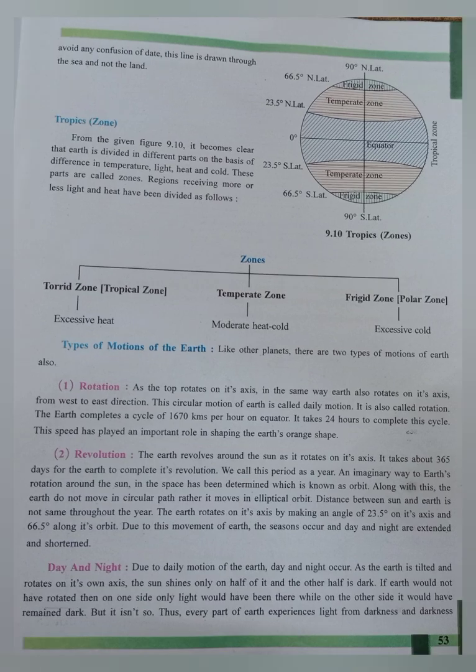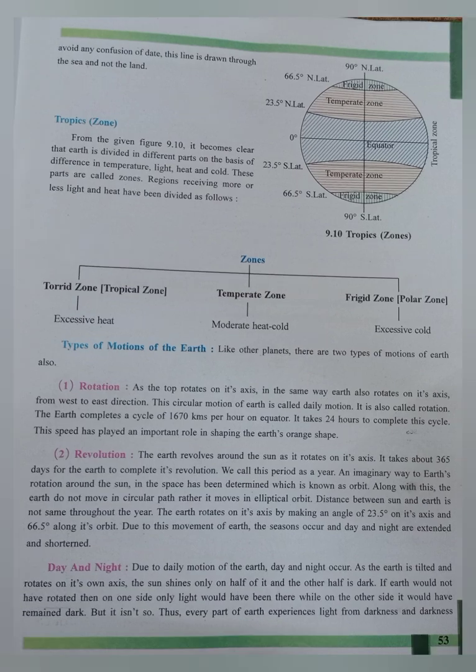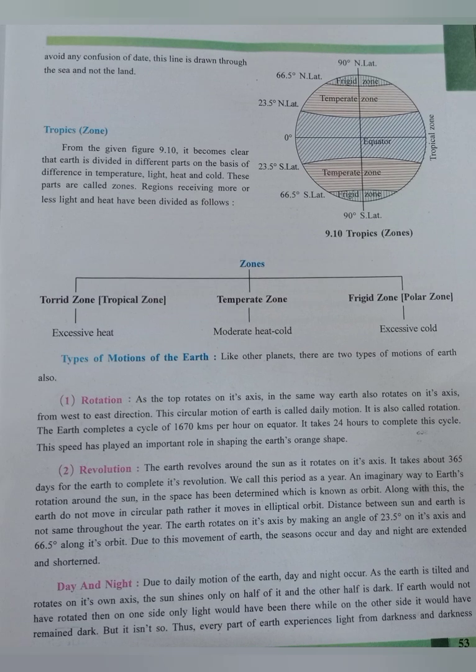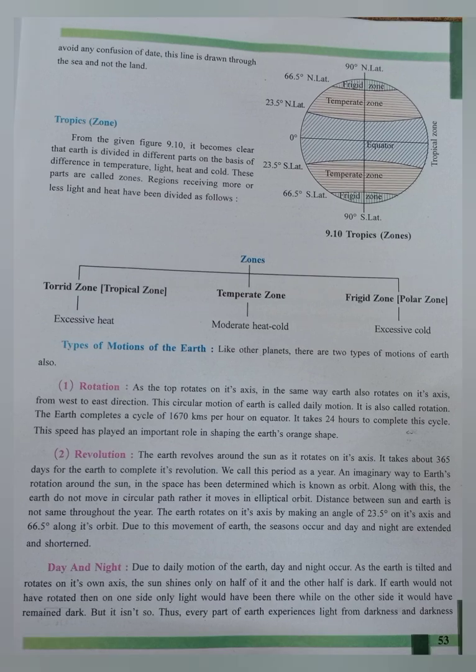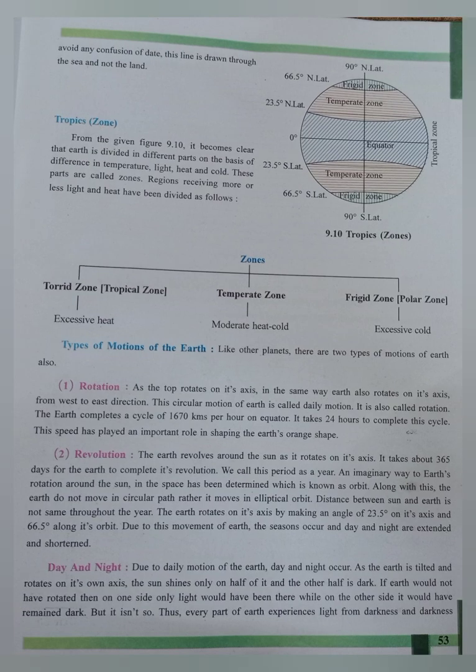Along with this, the earth does not move in a circular path, rather it moves in an elliptical orbit. Distance between sun and earth is not the same throughout the year. The earth rotates on its axis making an angle of 23.5 degree on its axis and 66.5 degree along its orbit. Due to this movement of earth, the seasons occur and day and night are extended and shortened.